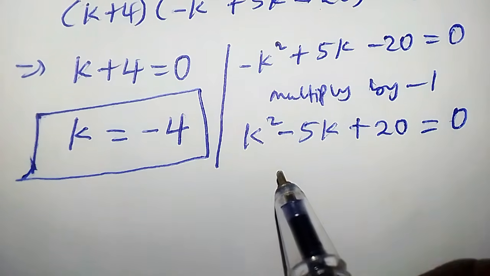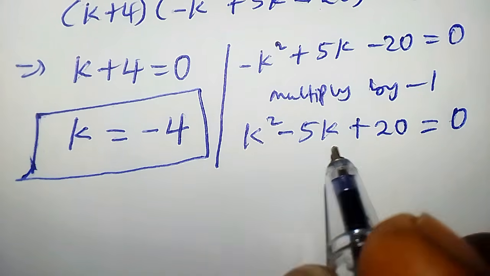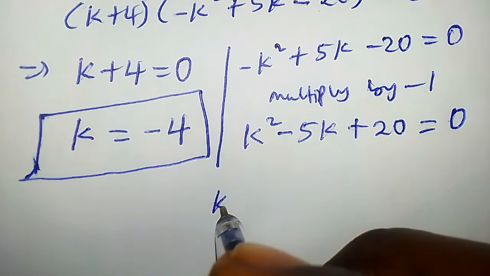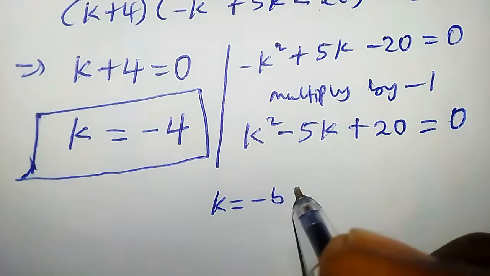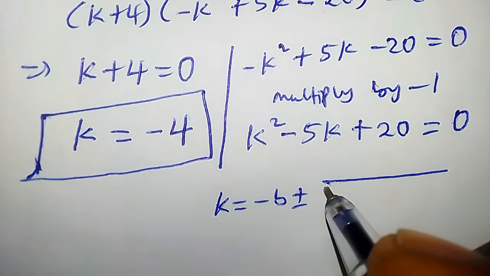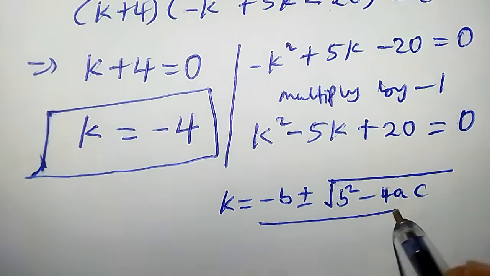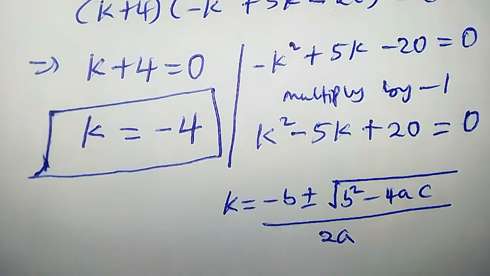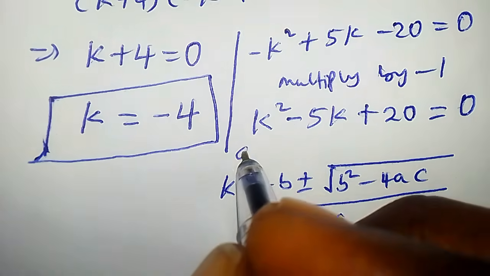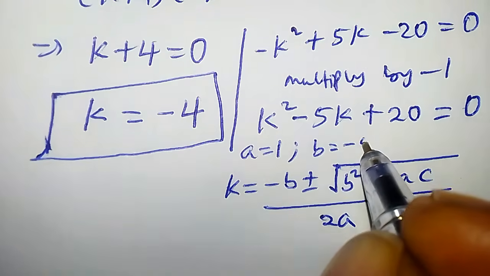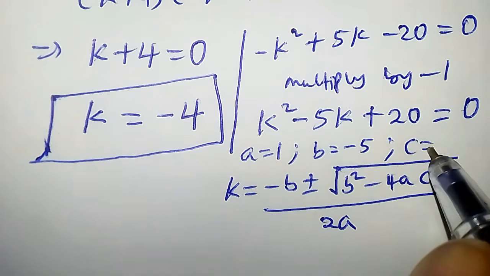We can actually solve this quadratic equation using the quadratic formula, which says k is equal to minus b plus or minus the square root of b square minus 4ac, all divided by 2a. From this equation, a is equal to 1, b is negative 5, c is equal to 20.